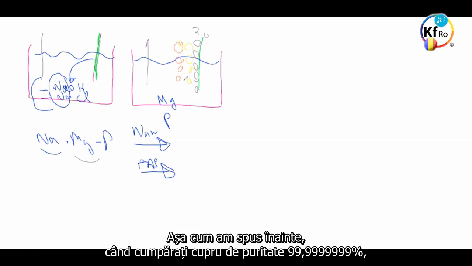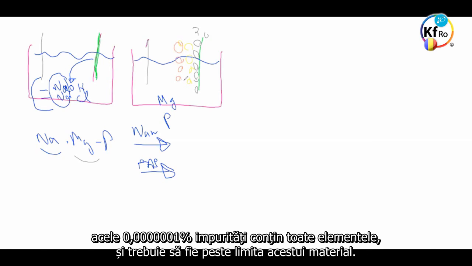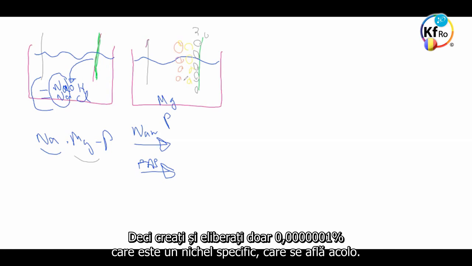As we said before, when you buy 9.9999999 copper purity, that 0.00001% of the impurity contains all the elements, and it has to be across the boundary of this material. So you create, only release 0.0001, which is a specific nickel, which is there.